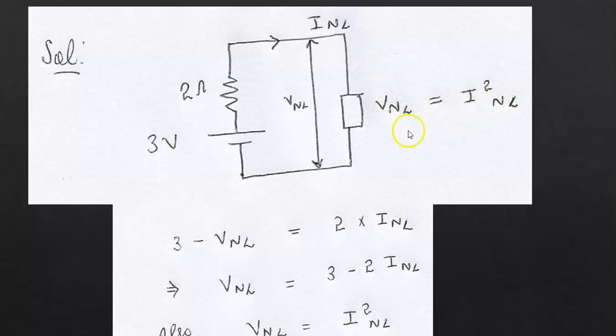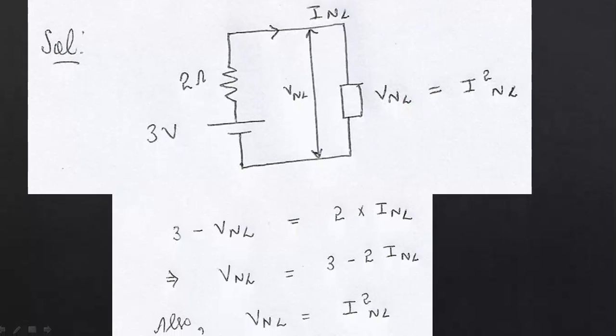VNL is the voltage dissipated in this non-linear resistance, and that is equal to I square NL. Now writing the network circuit equations, that will be 3 minus VNL, the 3 volt source here, and the potential drop across the non-linear resistance, that is VNL.